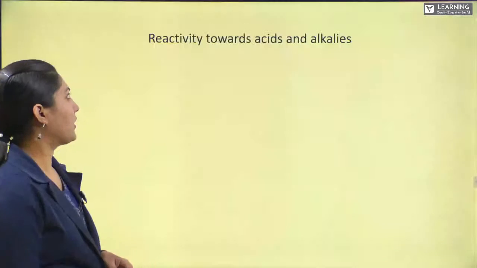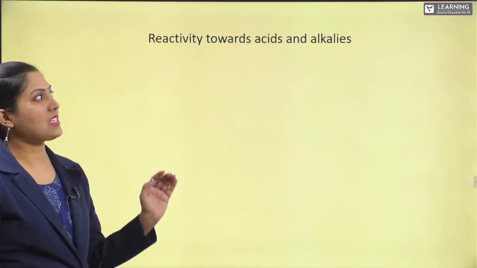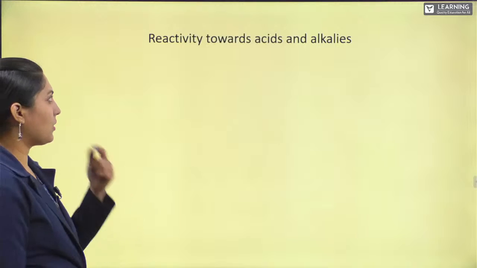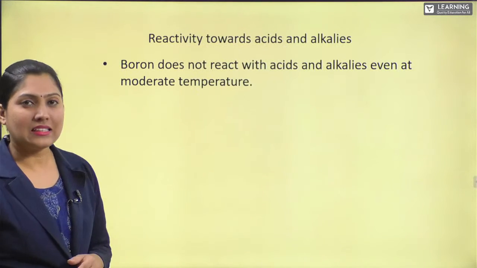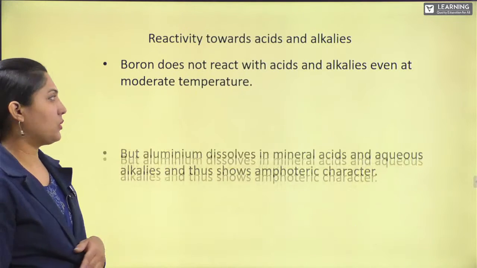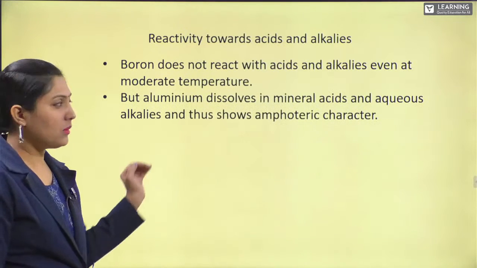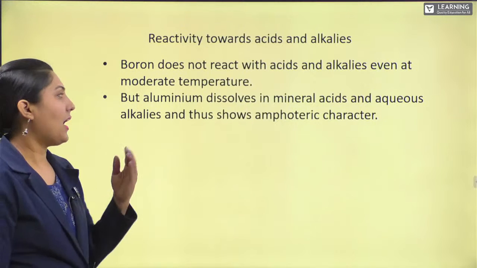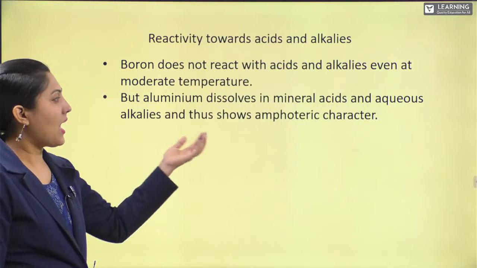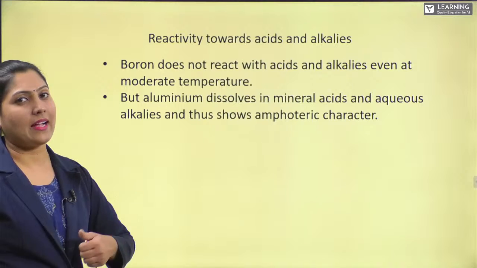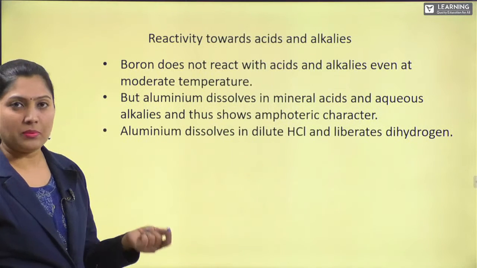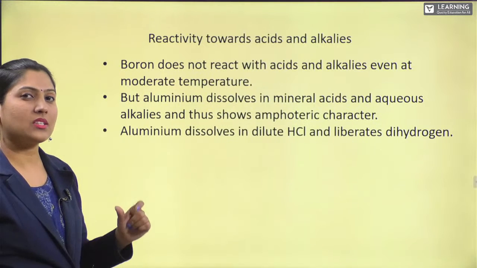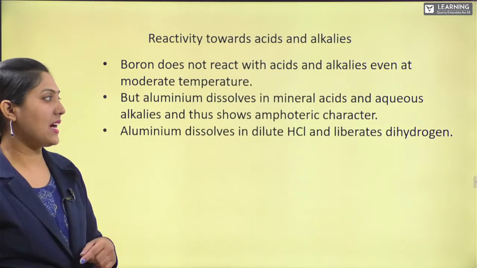Got it? Good. Reactivity towards acids and alkalis, that is what we just saw. Boron does not react with acid and alkalis even at moderate temperature, but aluminium dissolves in mineral acid and aqueous alkalis and thus shows amphoteric character. Aluminium dissolves in HCl and liberates hydrogen. Hydrogen is H2, so we call it dihydrogen.